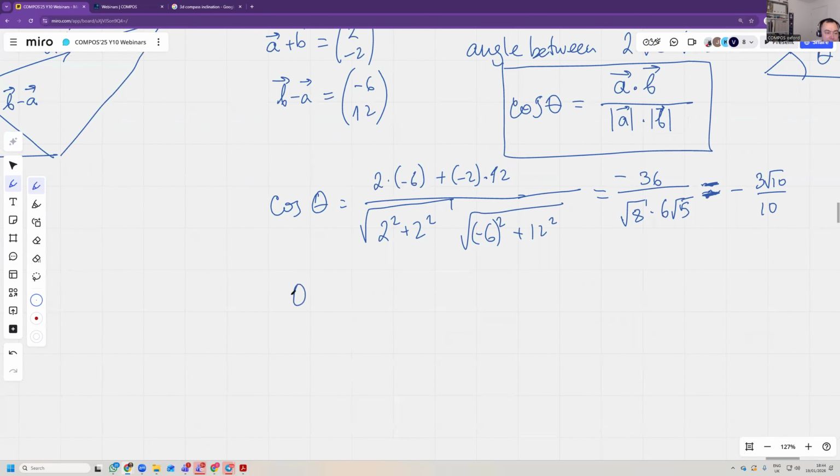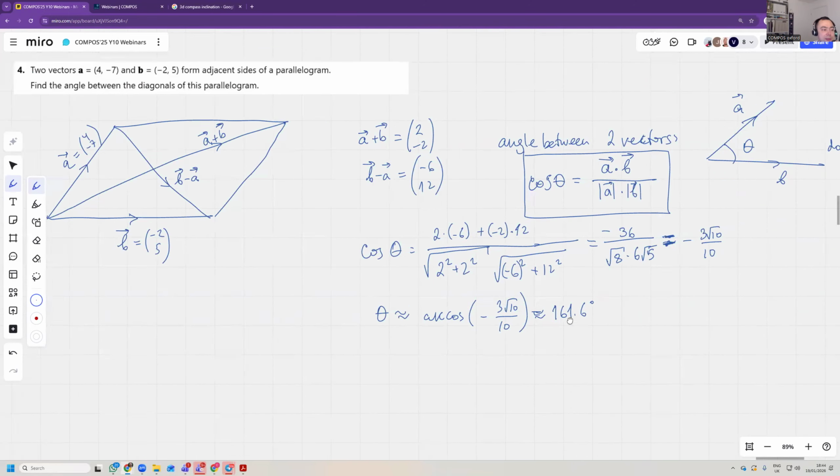And theta is arc cos of minus 3 root 10 over 10, which is approximately 161.6 degrees.